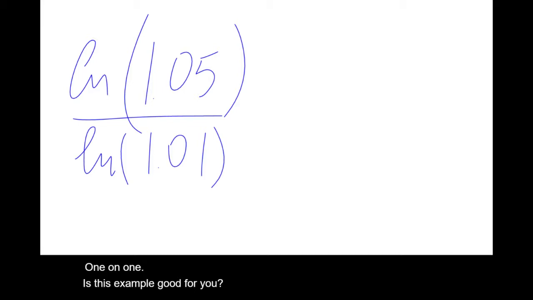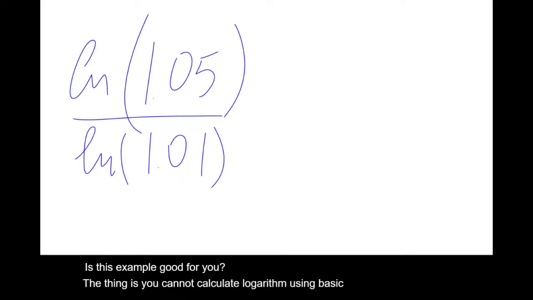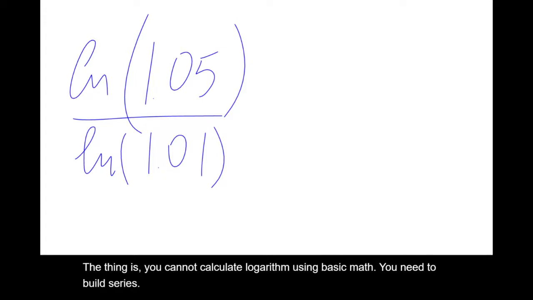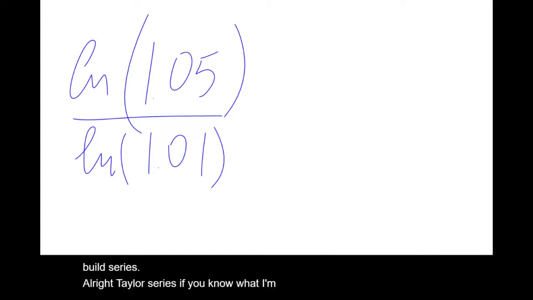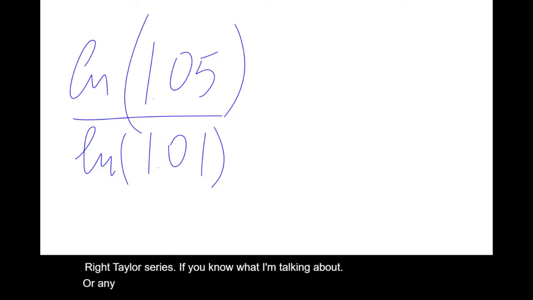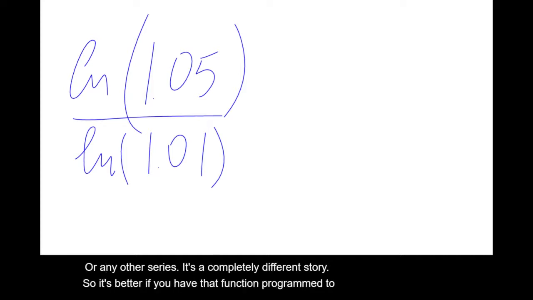Well, the thing is, you cannot calculate logarithm using basic math. You need to build a series, Taylor series, if you know what I'm talking about, or any other series. It's a completely different story. So it's better if you have that function programmed into your calculator.